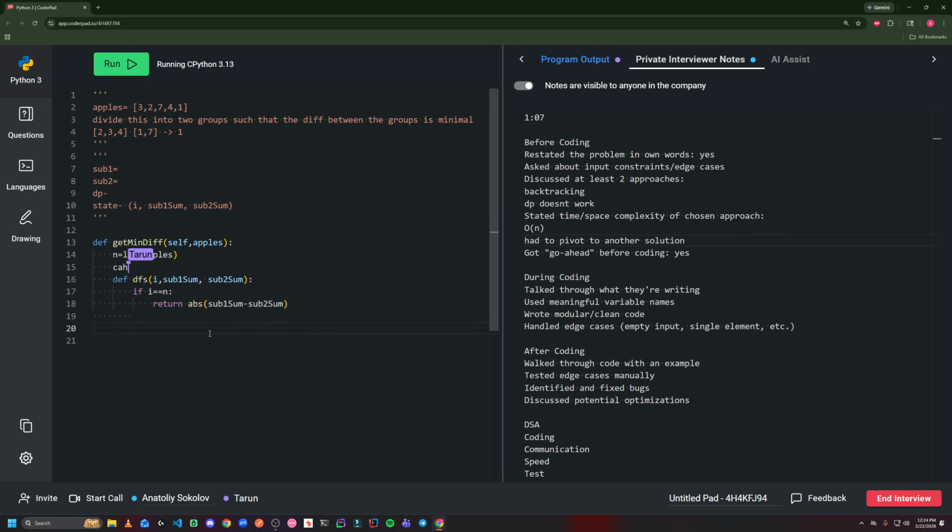As we talked about memoization, if the current state is already in the memoization cache, we already computed it, so I'm going to return it.